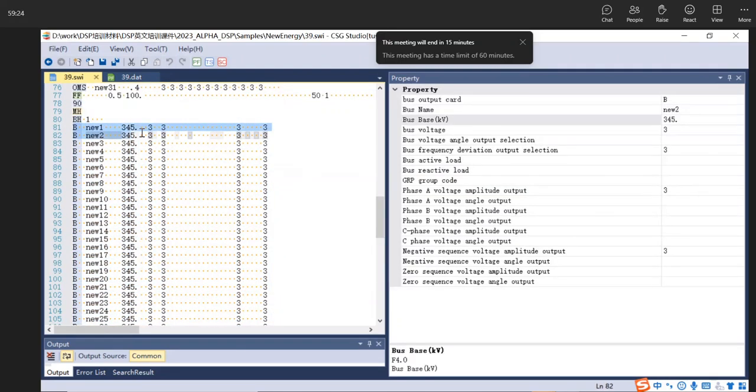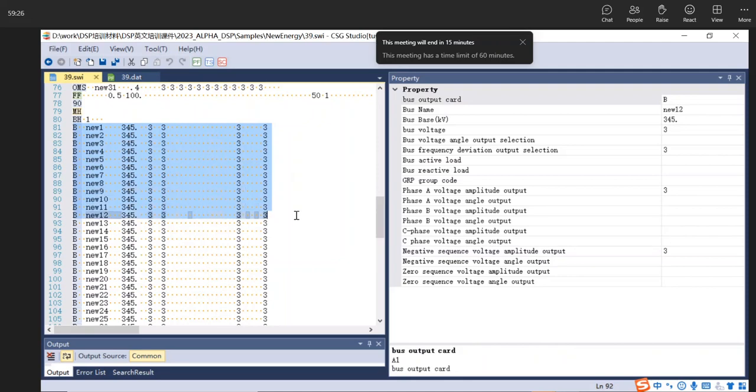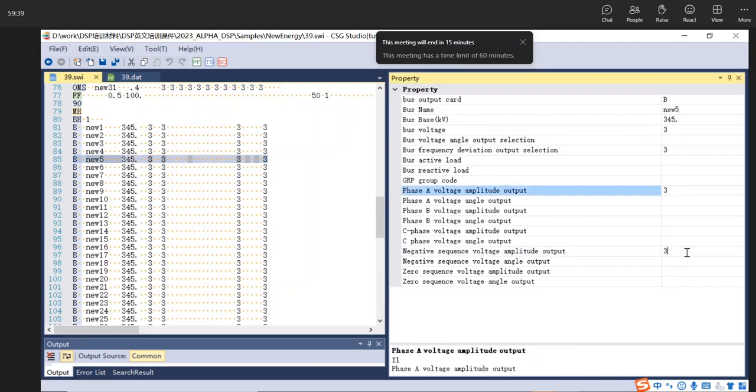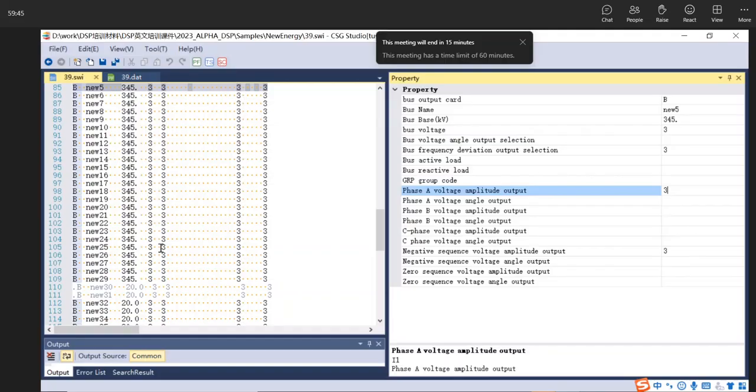The B means the node I want to output. If I want to see the current output from the new 5 node, I have to write this line. You can change to different values to change the variable you want to see.